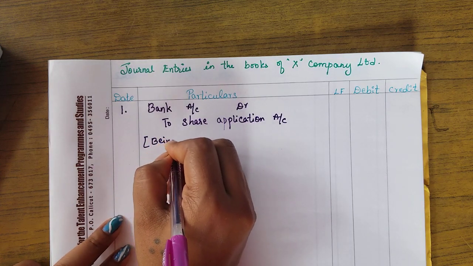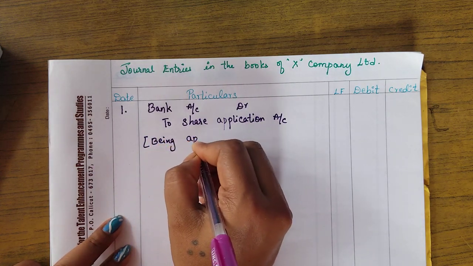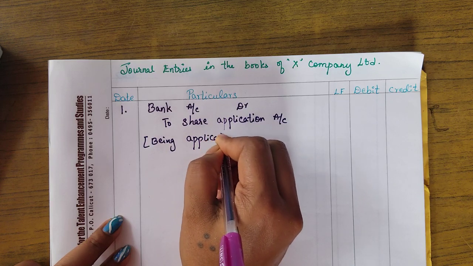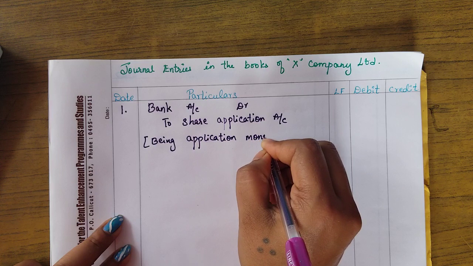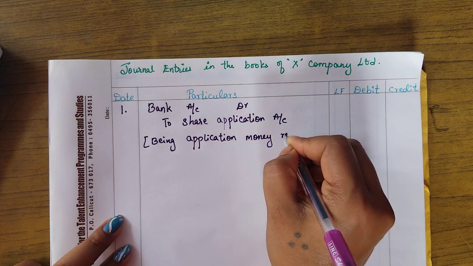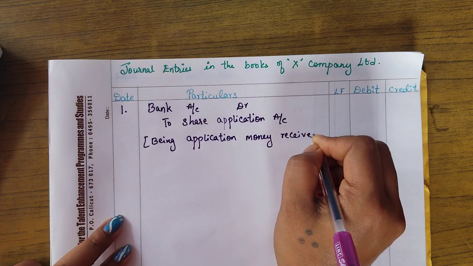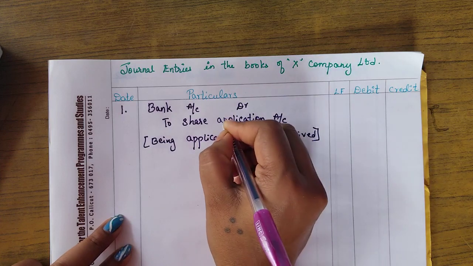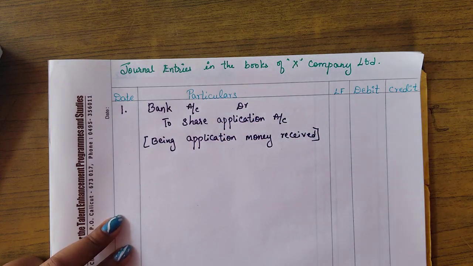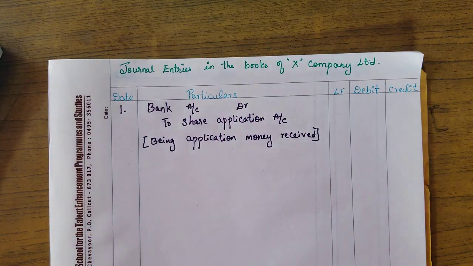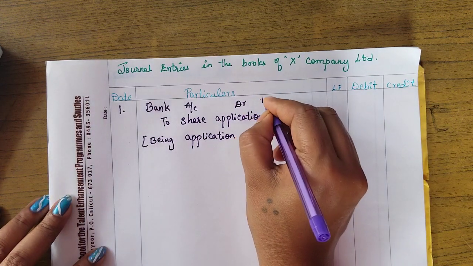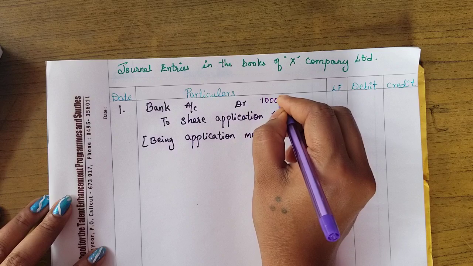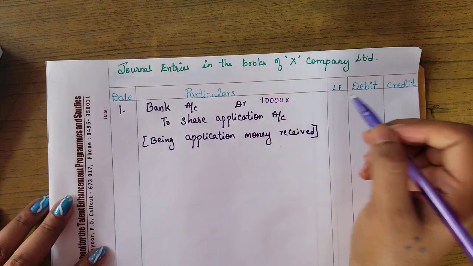Narration: being application money received. Here we are just receiving the application money. There are no excess applications. They are issuing 10,000 shares and receiving applications for only 10,000 shares, so no extra.